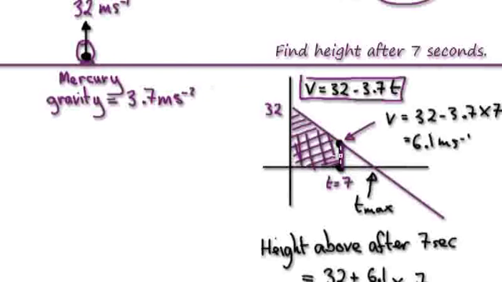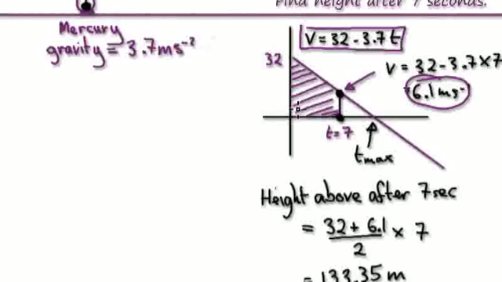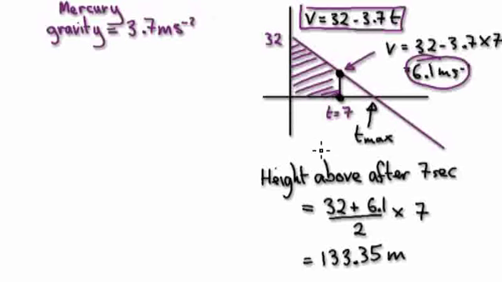Now you need to work out this height here, which happens to be this. Then you use the trapezium rule. Once you've got this height, get this height here, which is 32.